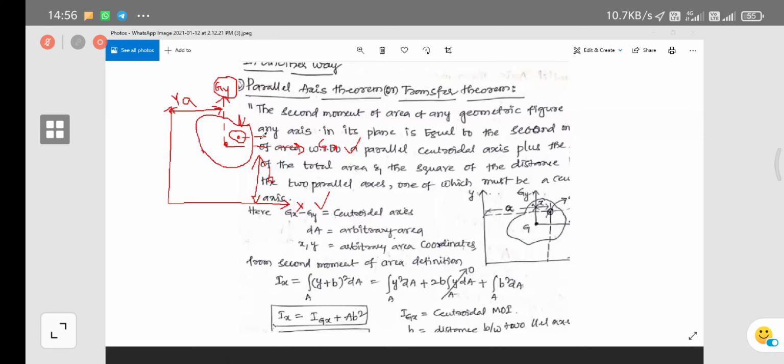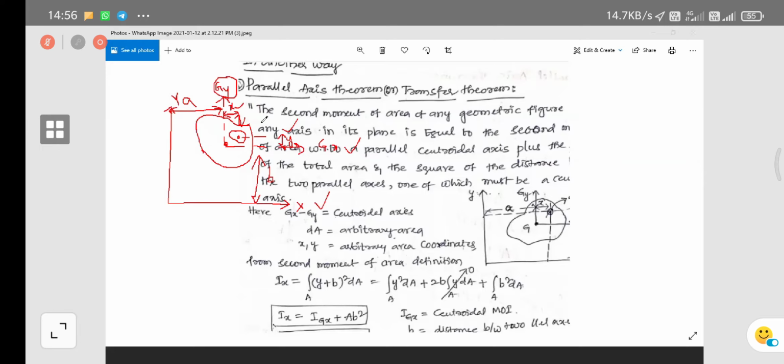Then what about the differential element location? With respect to the Gx-axis, I get y as the perpendicular distance here, and with respect to the Gy-axis the differential element gives x. So for this differential element, I have the coordinates x and y with respect to Gx and Gy.